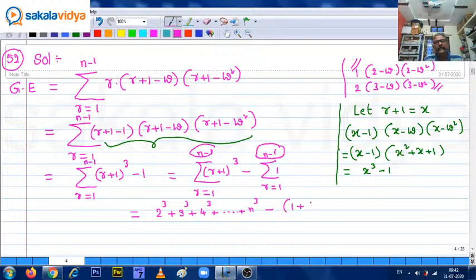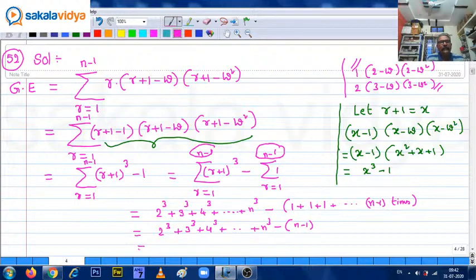That means 1 plus 1 plus 1 and so on, n minus 1 times. So we get 2 cube plus 3 cube plus 4 cube and so on plus n cube. 1 multiplied by n minus 1 times is minus of n minus 1.